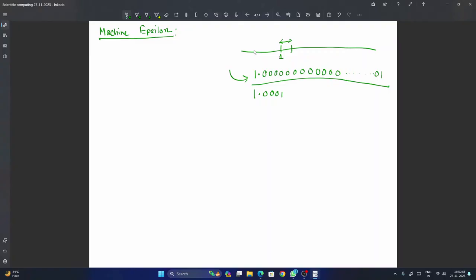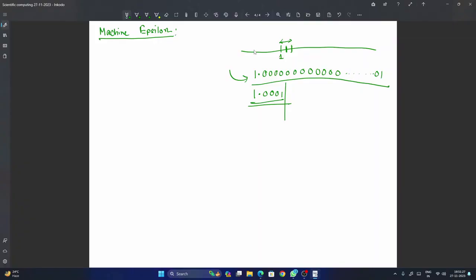That means the gap between the numbers. So if this gap is reduced, that means your machine is more precise because it can hold very small values also. Otherwise your machine will chop those values and store only up to that many terms. If your machine takes just 4 mantissa digits, then after the 4 mantissa digits it will just neglect all the values, or just cut or chop them.